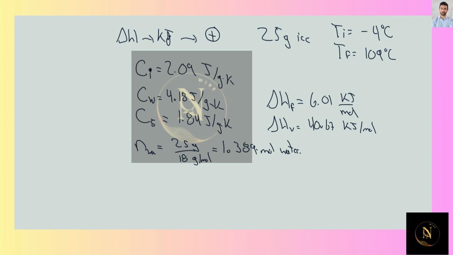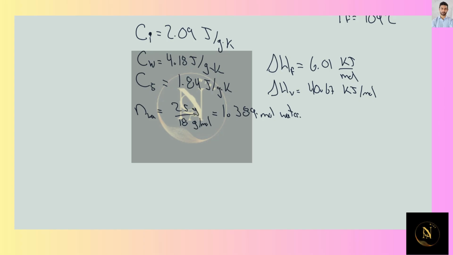And to know what is going to be the value for the delta H, in the units of kilojoules, the result will be the contributions for each of the different phases.